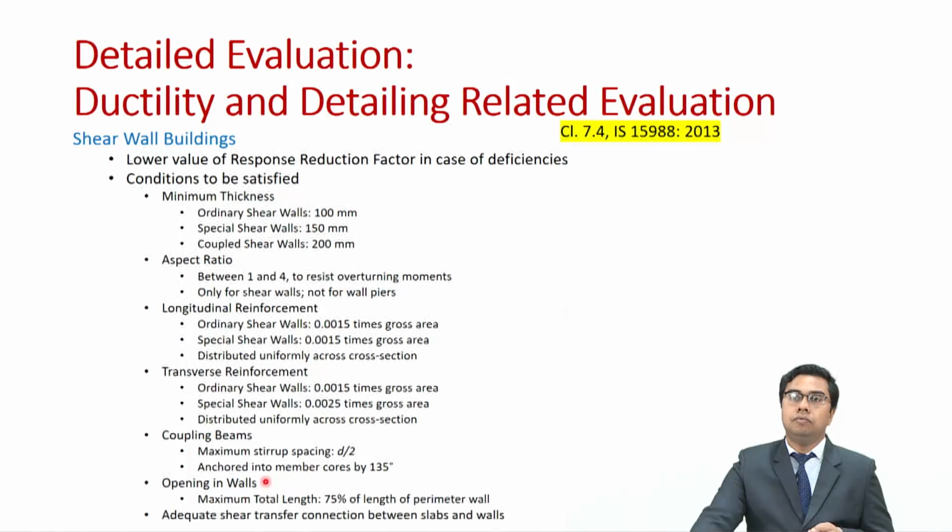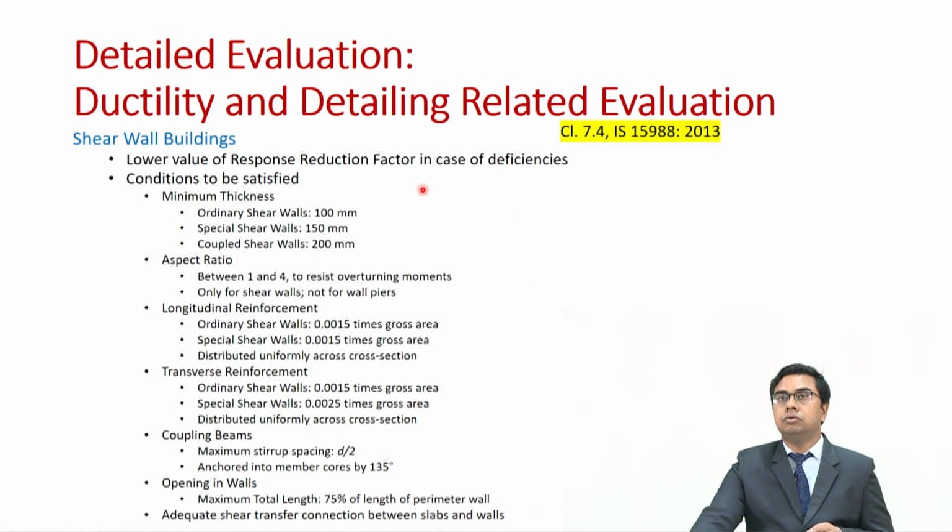Then the openings in a wall shall have a maximum total length of 75% of the length of the perimeter wall, and there should be adequate shear transfer connection between slabs and the walls on which they are resting. So, if these conditions are satisfied, then the building is good to go.